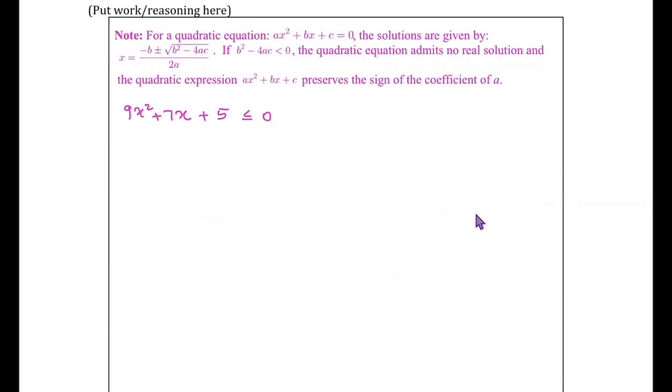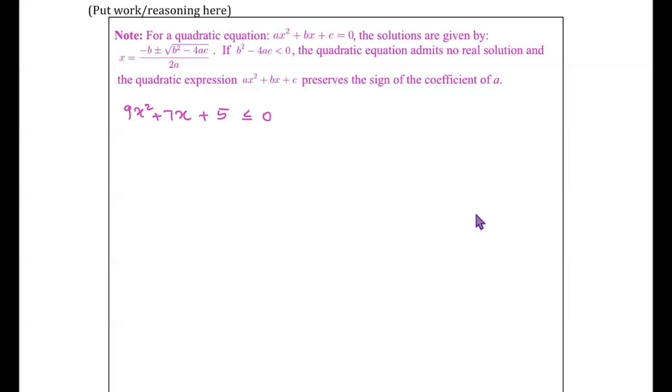And if b squared minus 4ac, the expression inside of the radical, is less than 0, the quadratic equation admits no real solution. And the quadratic expression ax squared plus bx plus c preserves the sign of the coefficient a, meaning the number that is the coefficient of x squared.